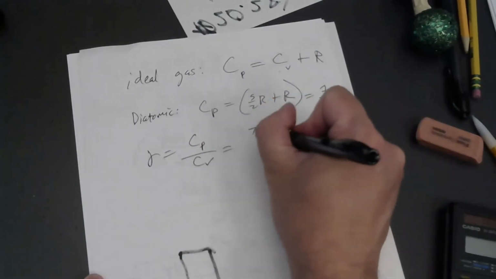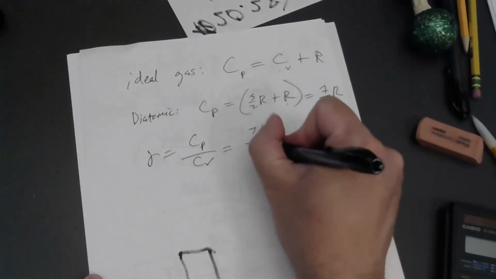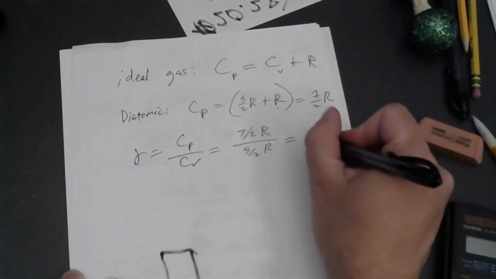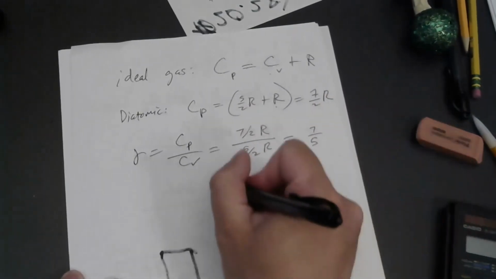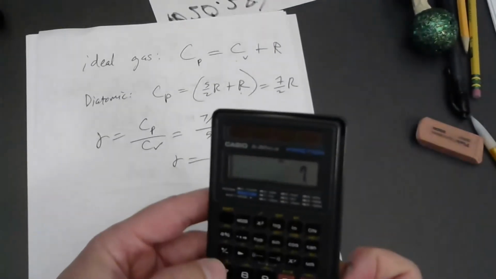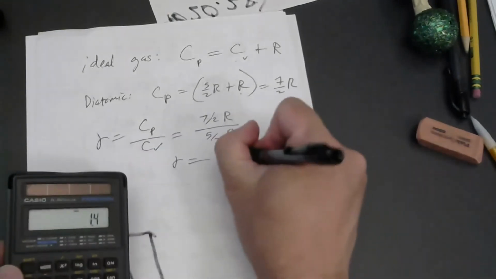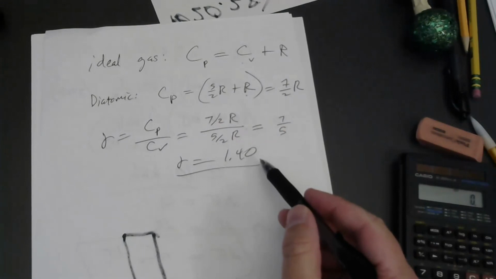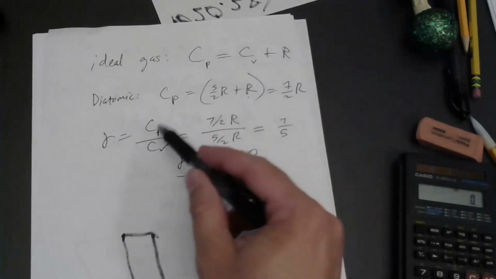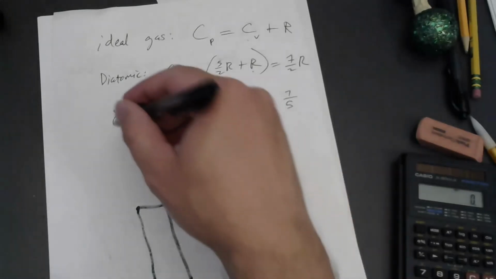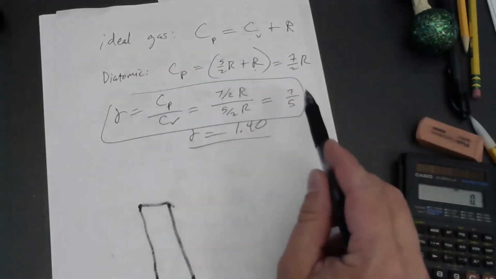We've got 7/2 R over 5/2 R, and that comes out to be 7/5. Put that into the calculator, 7 divided by 5, 1.4, which was in fact the value that we used for the diatomic ratio of heat capacities in the previous chapter. So we've predicted that as well. I sort of have this memorized, that for diatomic, gamma is 7/5.